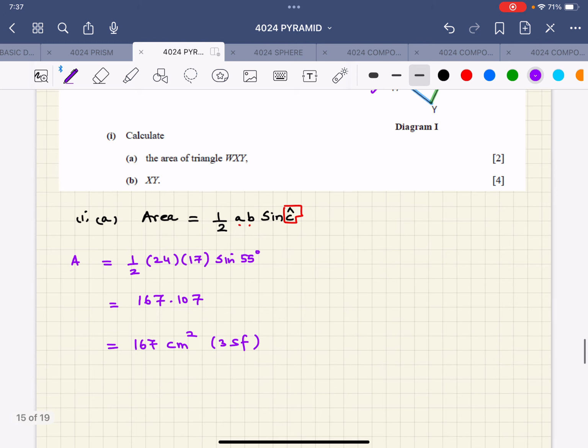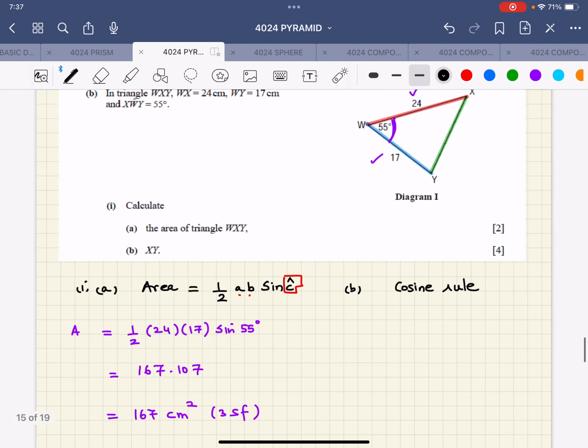What about XY? XY will be calculated based upon the concept of cosine rule. So let me write XY, the whole thing squared, equals 24 squared plus 17 squared minus 2 into 24 into 17 into cosine of 55 degrees.